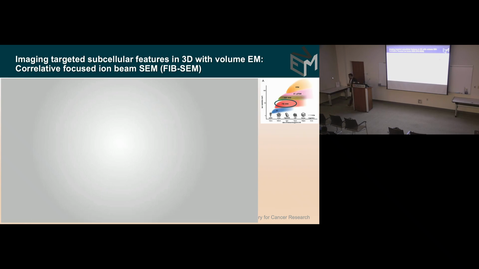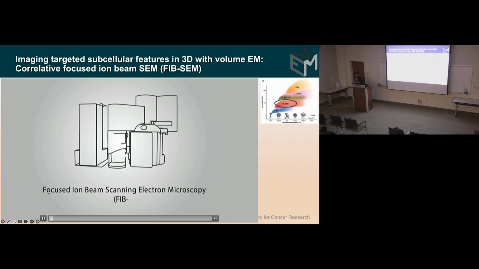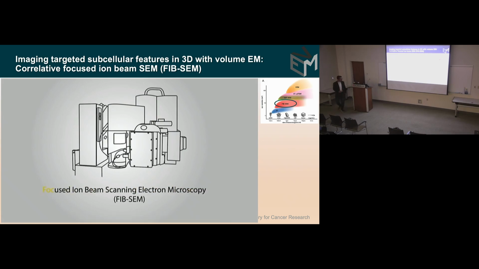Sometimes you're not interested in the entire field of view. Sometimes you're only interested in a very specific region of interest. So how would you combine light microscopy and electron microscopy? Here's a little movie that'll show you one way by which you can do this. This is using the volume EM approach called FibSem.